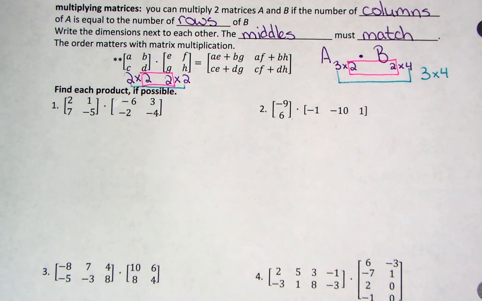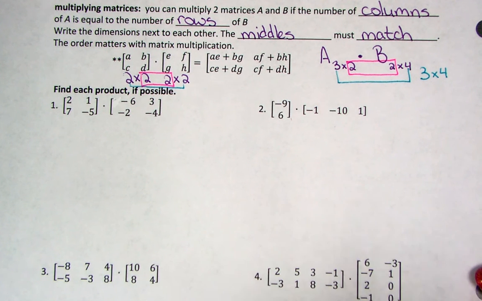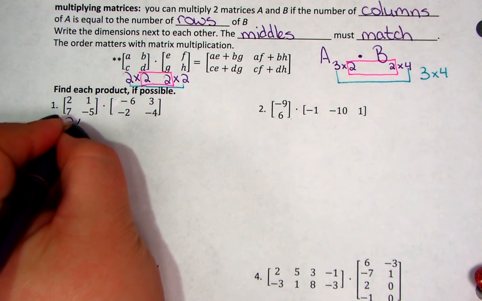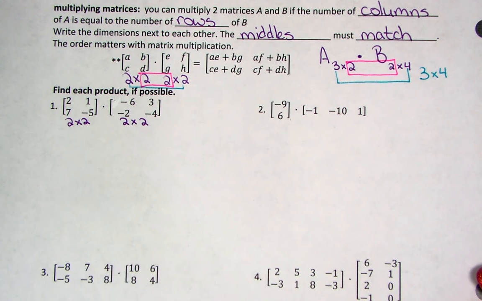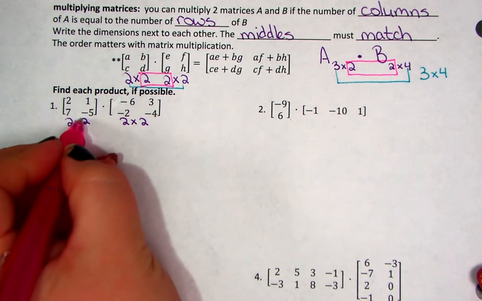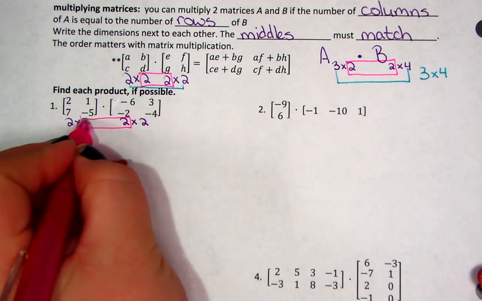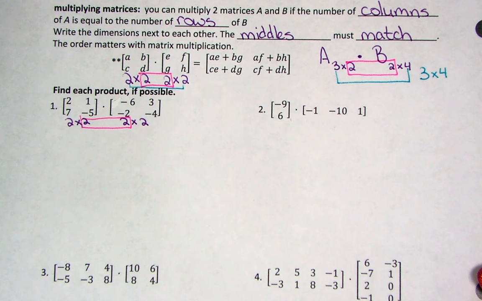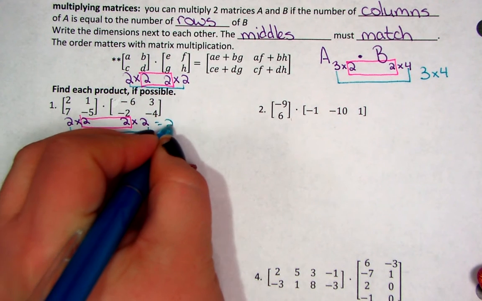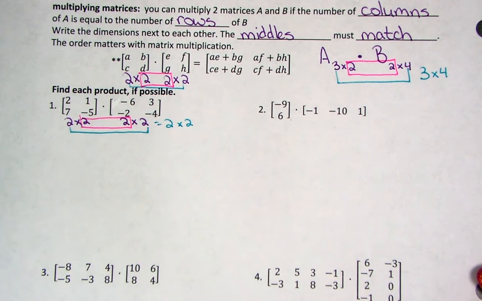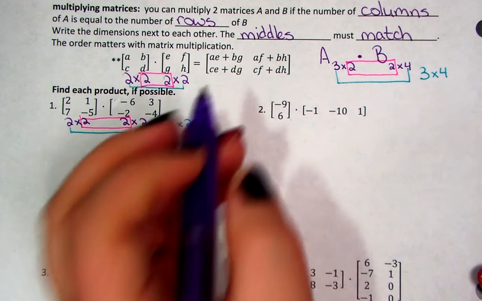On this first example, we have to write our dimensions to make sure that I can multiply them. So I have a 2 by 2 matrix and a 2 by 2 matrix. Since those middles match, 2 and 2, it means I can multiply. And my answer matrix will be a 2 by 2 matrix. Let's go ahead and do that for all of the examples before we get started in actually multiplying the matrices.